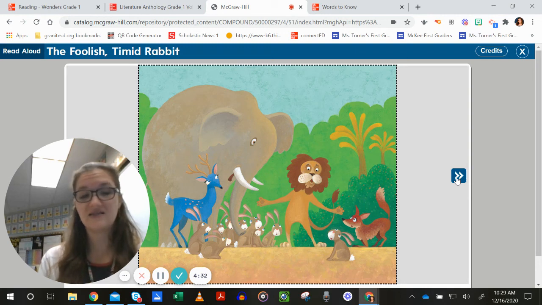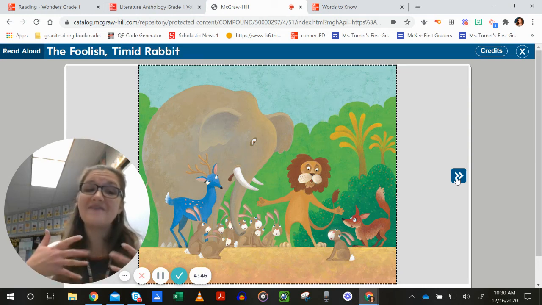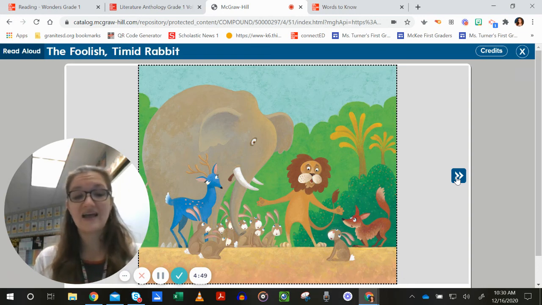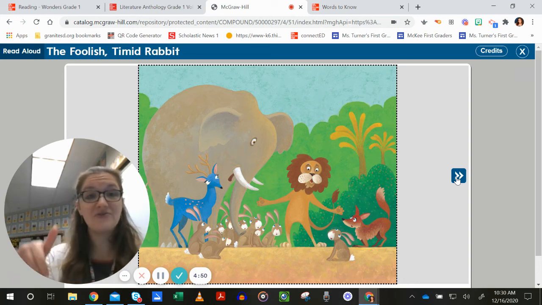"I didn't see it," the elephant said. "The fox told me about it." "I didn't see it," the fox said. "The deer told me about it." The deer shook his head and pointed to the rabbits. And so eventually the king lion looked at the foolish, timid rabbit.